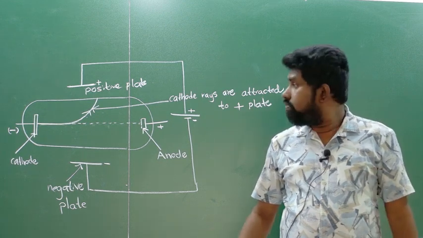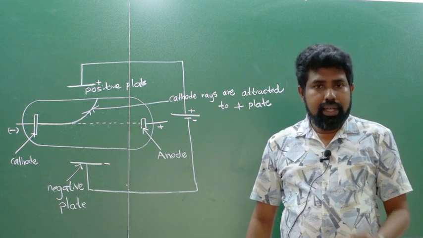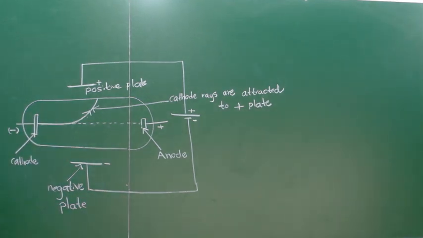Then the fourth experiment found that these cathode ray particles are negatively charged. That's important. Draw it very neatly.